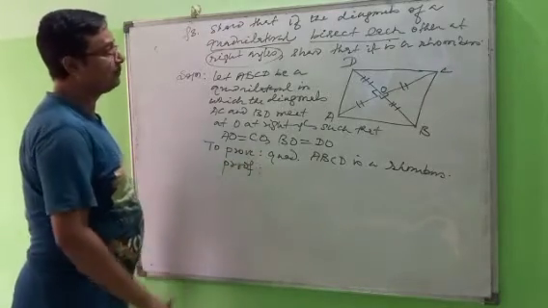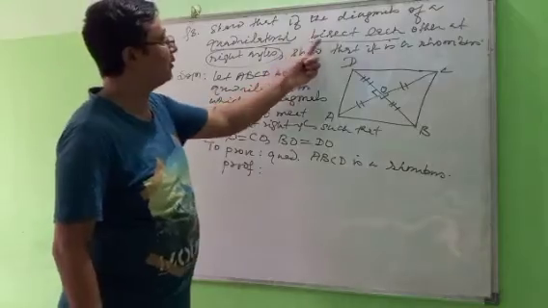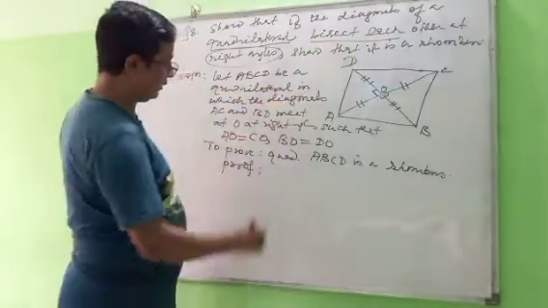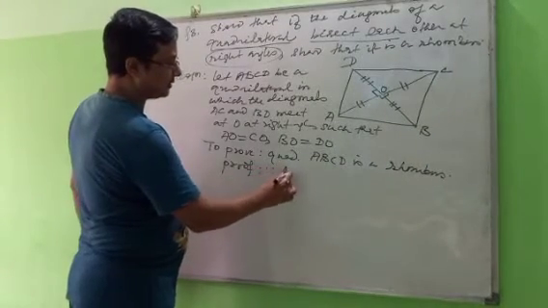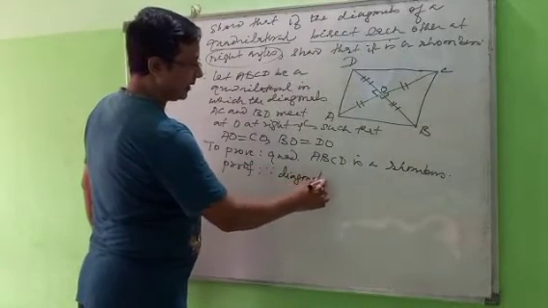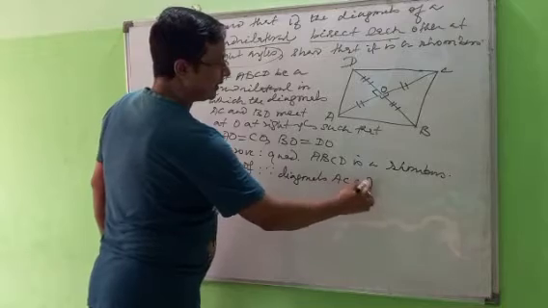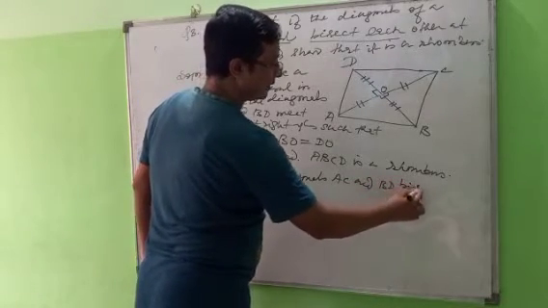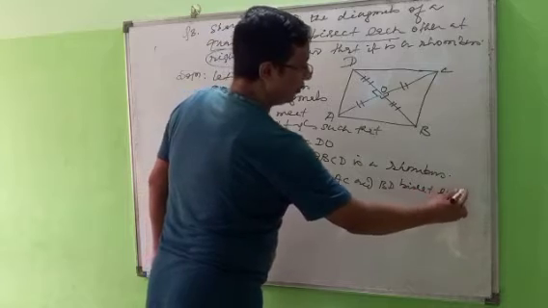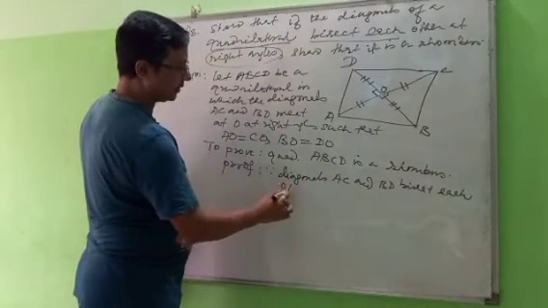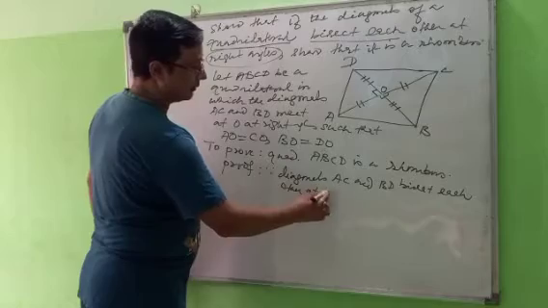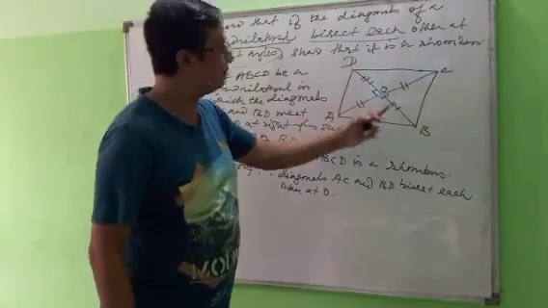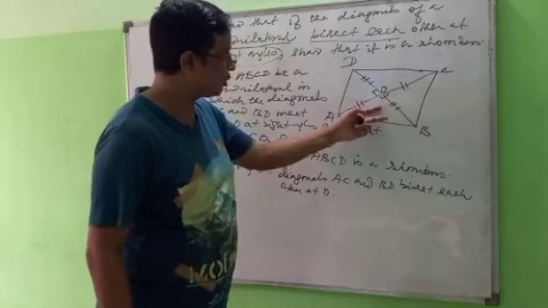So now remember that they have given one important condition. So here the diagonals bisect. So since diagonals AC and BD bisect each other at O, that means O is the midpoint of AC and of BD. Since they bisect, it is given.